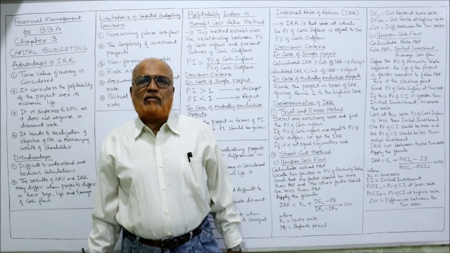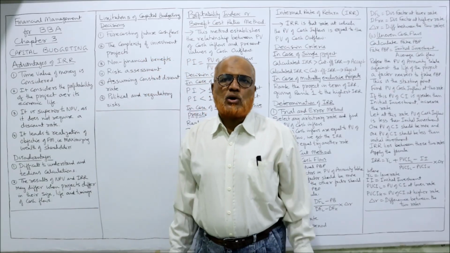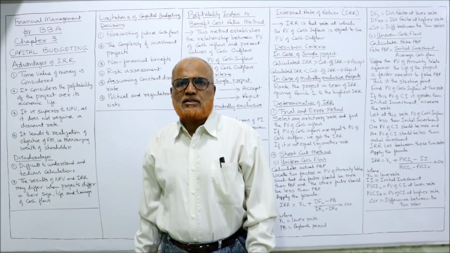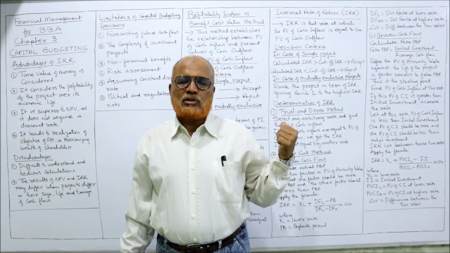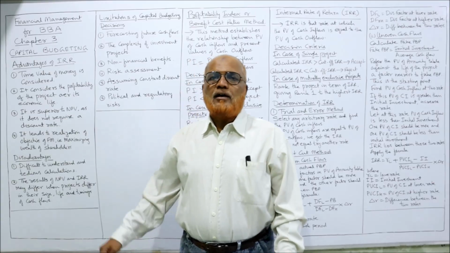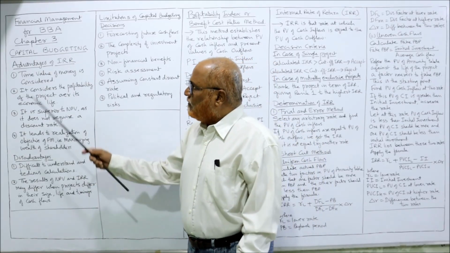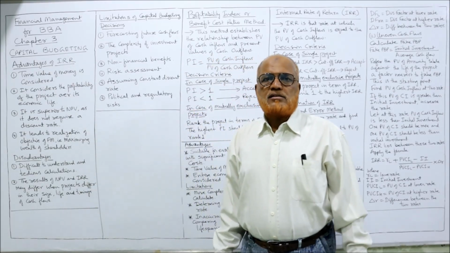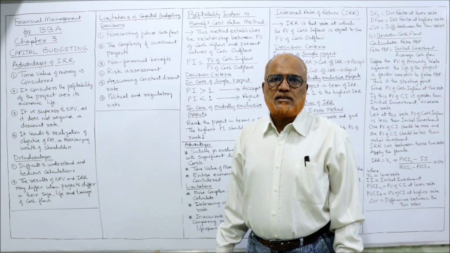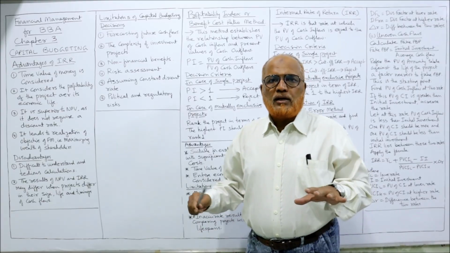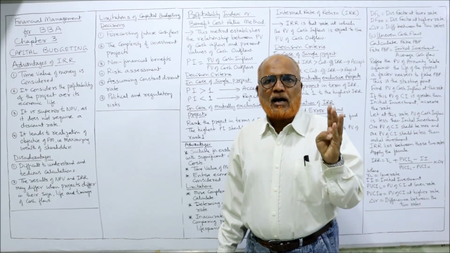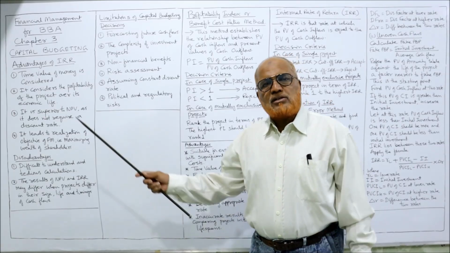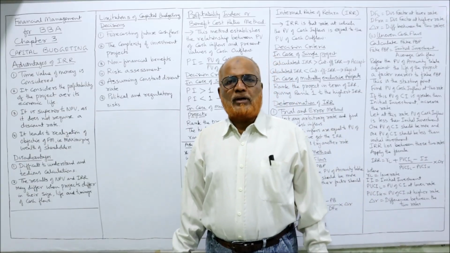Now I'll explain the advantages and disadvantages of internal rate of return. How to compute IRR, already I explained you, through different methods are there. Now advantages. First advantage of IRR is time value of money is considered. In all the discounted techniques, whether it is NPV, PI and IRR, all the three methods we are considering the time value of money.